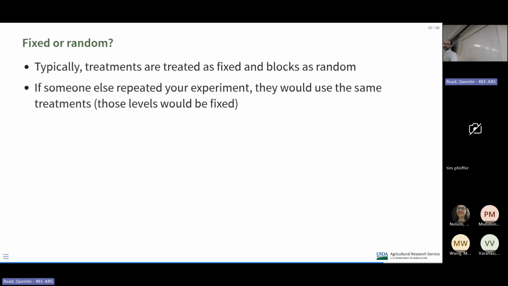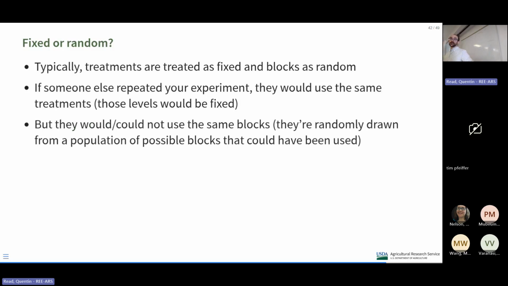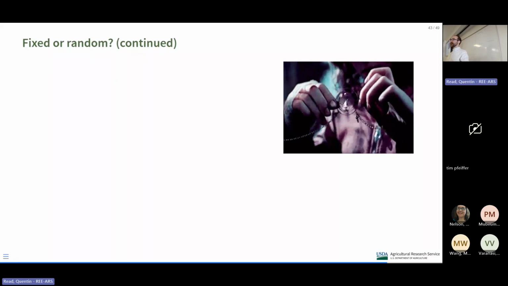Those levels are fixed from experiment to experiment. But somebody setting up the experiment in another state is not going to be able to use the same blocks as you, because blocks are one of a kind. It's an idiosyncratic piece of land out there. They're not going to use the same blocks. You've essentially randomly drawn the blocks from a population of possible blocks you could have used, possible locations you could have set the experiment up in. So that's why we model it as random.